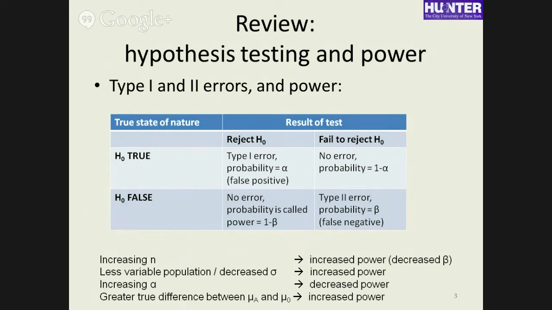What's that? Decrease? Why should it decrease your power? You're more likely to give a false positive response. So you get more false power. So are you more or less likely then to give a true positive response? You're making it more likely that you give a positive response.